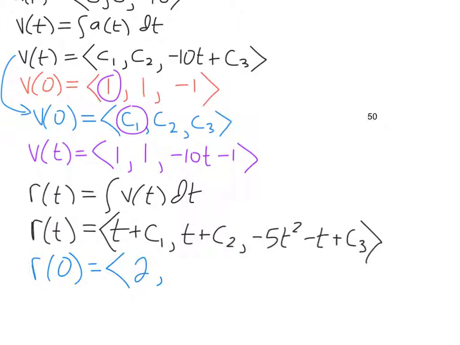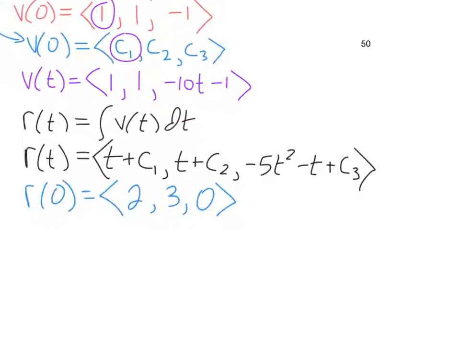Oh, the subscripts? Yeah. Okay. Yeah, I just made that executive decision. 2, 3, 0. R sub 0 is 2, 3, 0. Based on the given, it said 2i plus 3j. Didn't indicate k, so that's telling us that it must be 0k. Right?